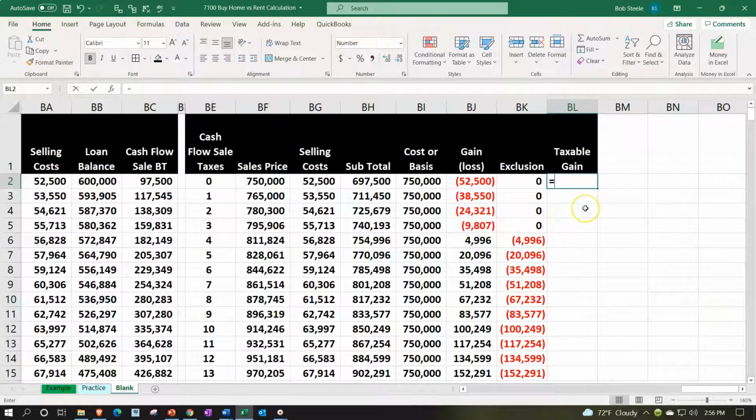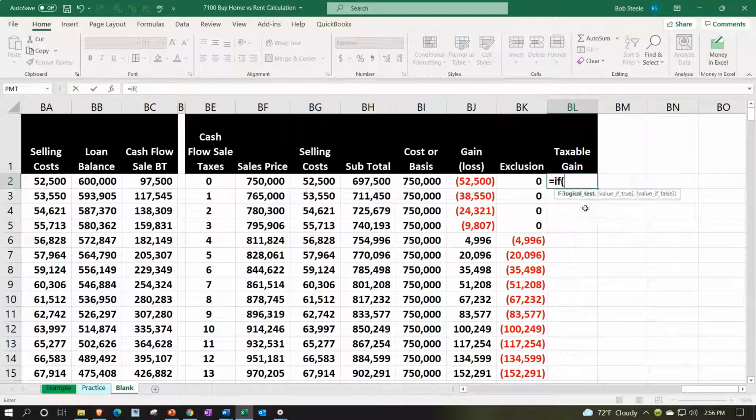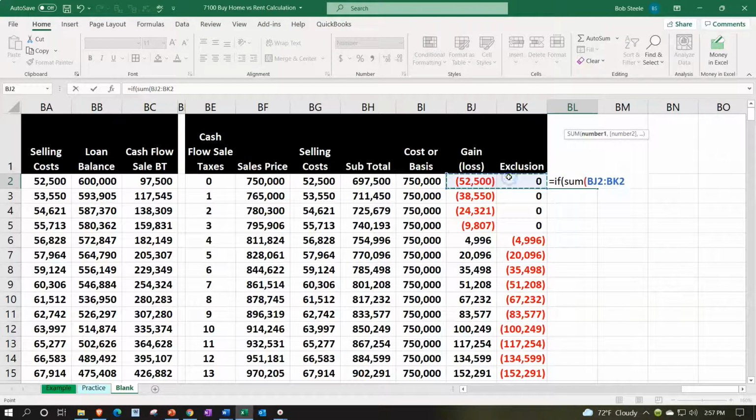We're going to say equals if brackets. I'm going to take the sum of these two numbers. So if the sum, let's say sum brackets of these two numbers, closing the brackets, is less than 0, then, which is a comma, we want you to just put a 0 there.